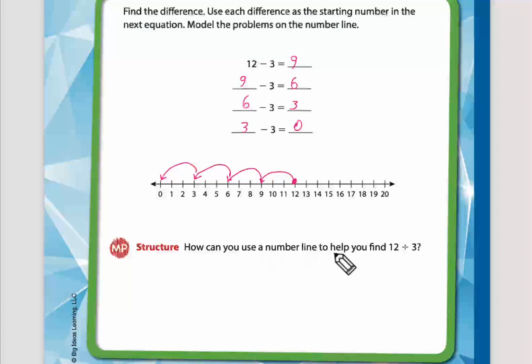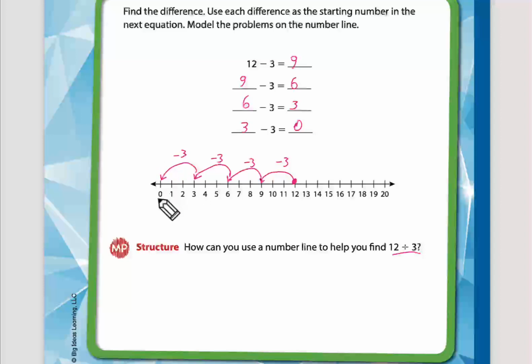How can you use the number line to help find 12 divided by 3? That's what we did now. Okay, so we subtracted 3 every time. As you see here on the number line, we subtract 3 every time. So we started at 12 and count back by 3's until we reach 0.